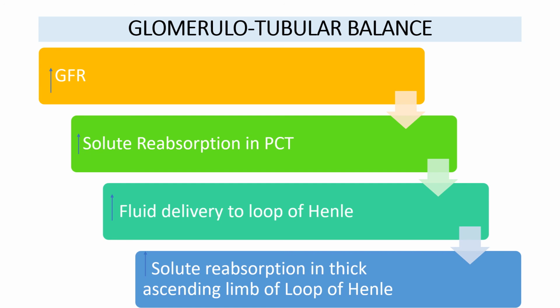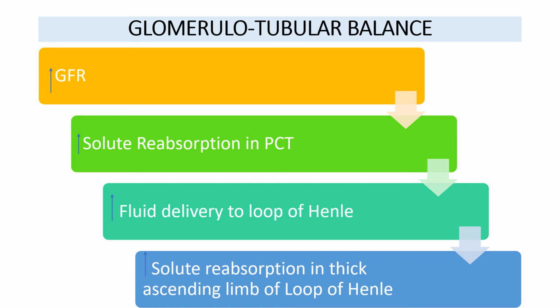Conversely, a small fall in GFR would reduce sodium excretion to zero. However, the total amount of sodium reabsorption is directly proportional to the GFR. That is, the total amount of sodium reabsorbed rises when GFR rises and vice versa.